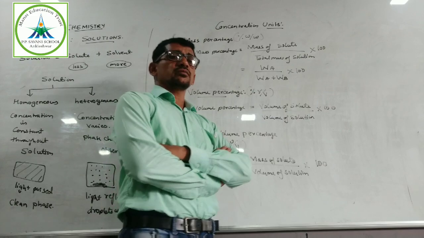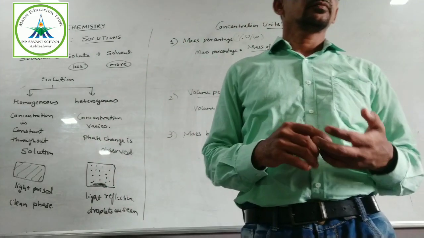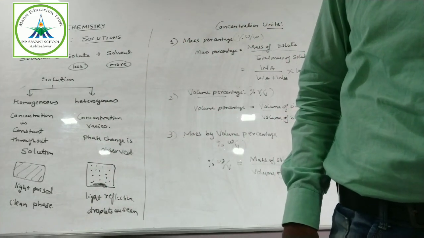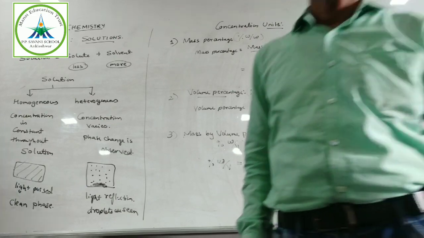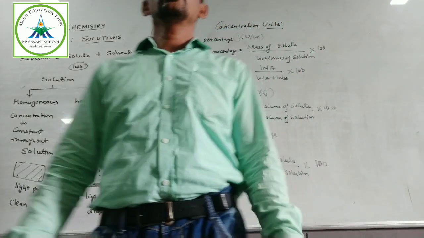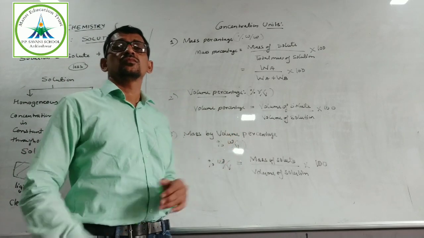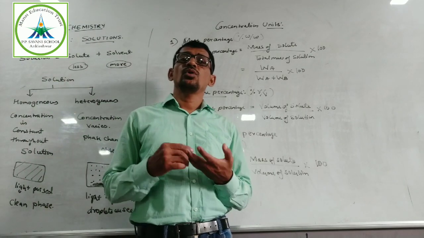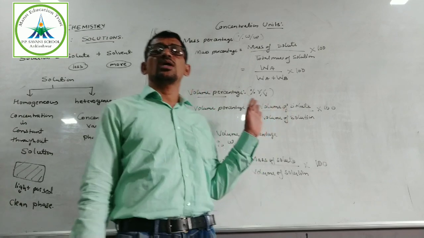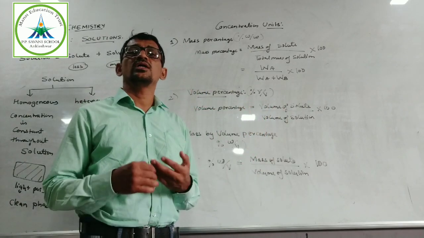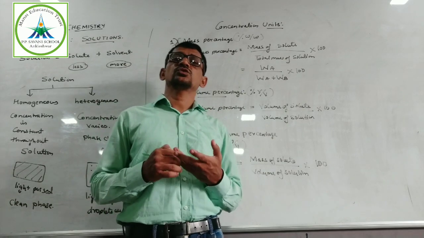Another unit is a simple unit that you have studied in 11th standard, that is normality. Okay, normality, molarity, formality. Normality means mole per liter. Normality means what?